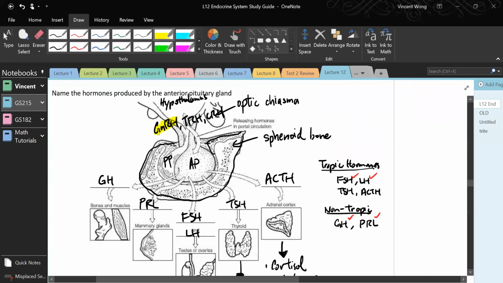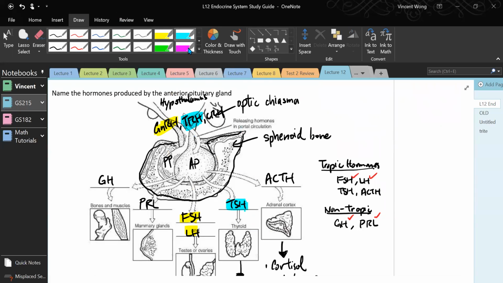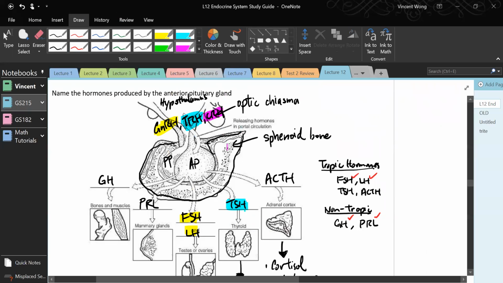GnRH will trigger the release of FSH and LH. Thyroid releasing hormone will trigger the release of thyroid stimulating hormone. Corticotropin releasing hormone will trigger the release of adrenocorticotropic hormone, right? So each of them is a permission for a particular one.